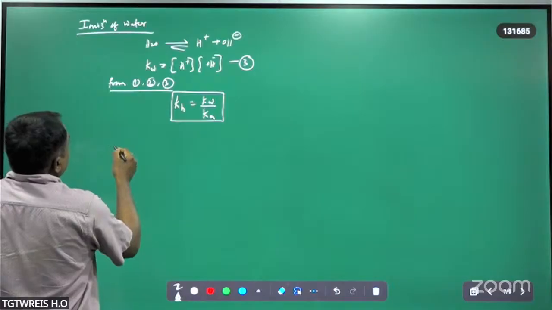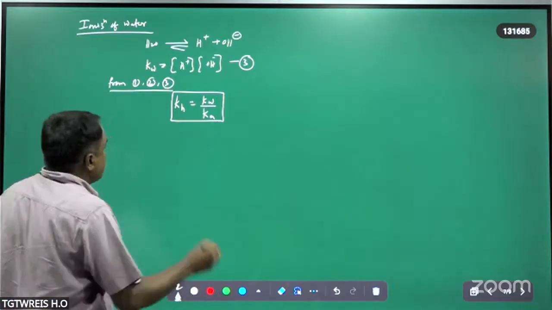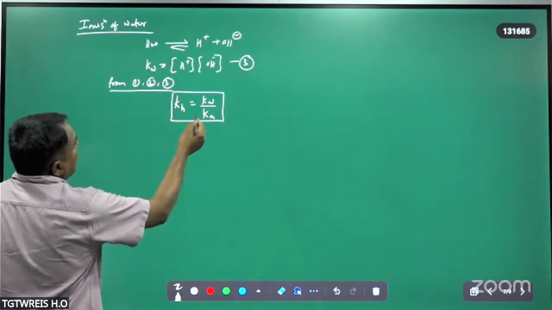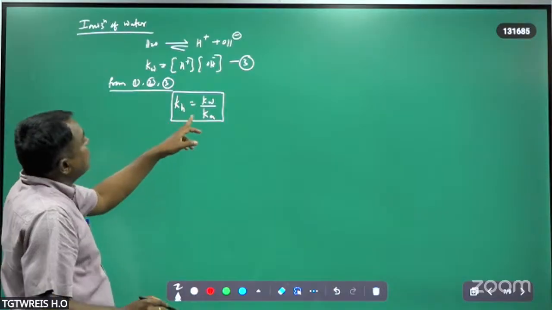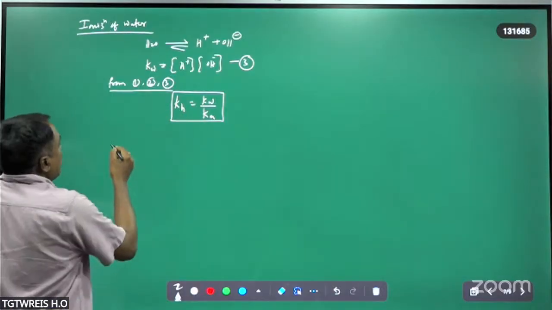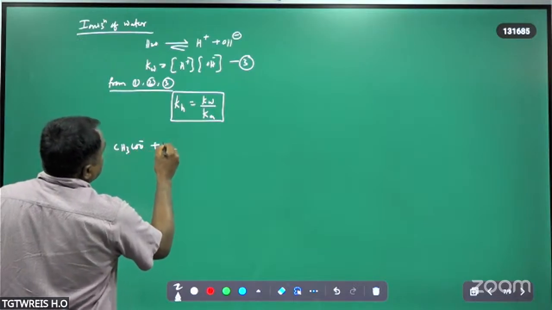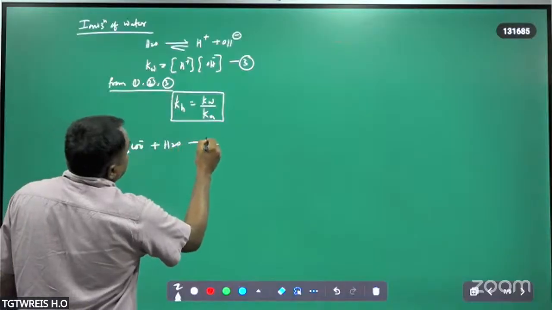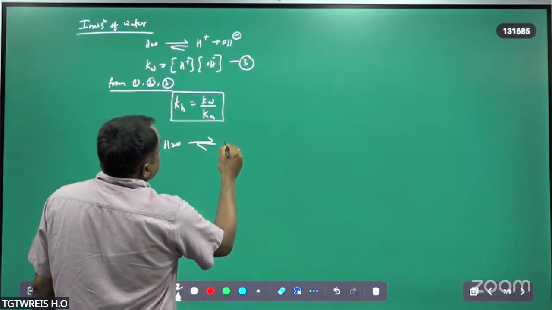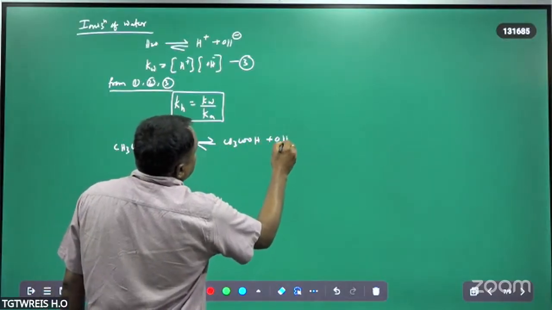So already we know this is the anionic hydrolysis. But how can we calculate the H plus ion concentration from this? To calculate the H plus ion concentration, first you take CH3COO minus. This is the anionic hydrolysis of the acetate anion, CH3COO minus, H plus, OH minus.